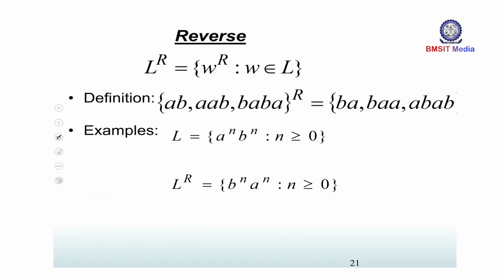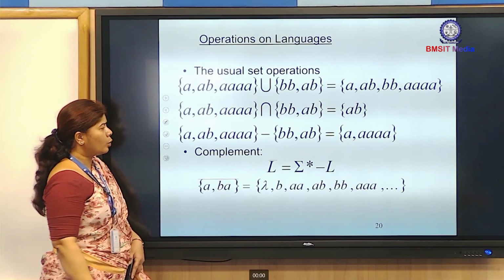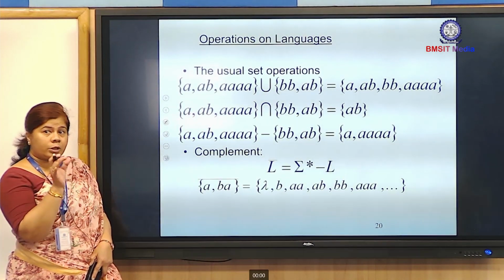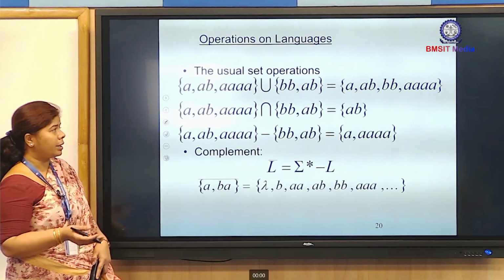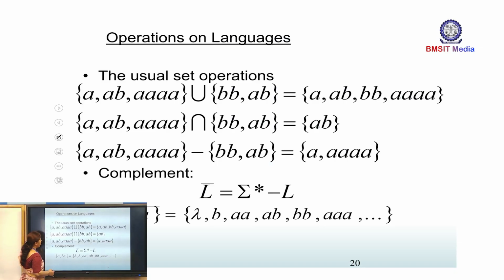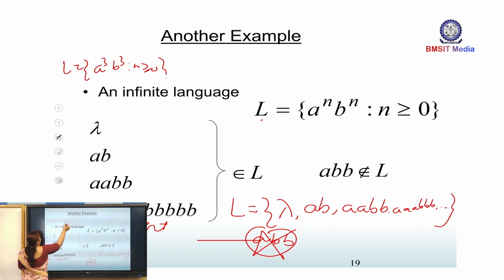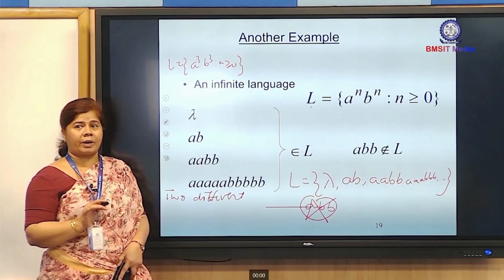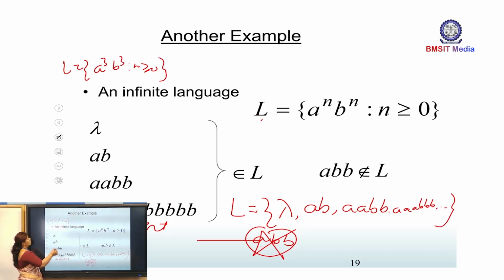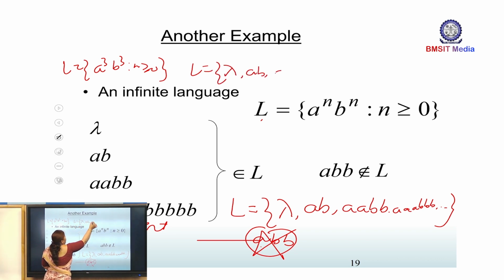Apart from this, you have some finite languages also, where you can restrict the number of strings which come under that particular language. For example, if I say the language is a to the power n, b to the power n, where n is restricted to at most 3, I can say this is a finite language, where L contains strings like the empty string, AB, AABB, and AAABBB.